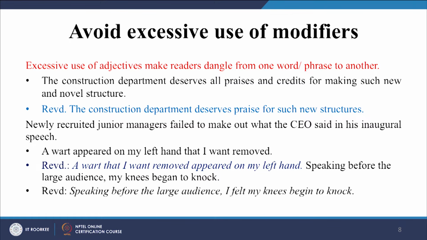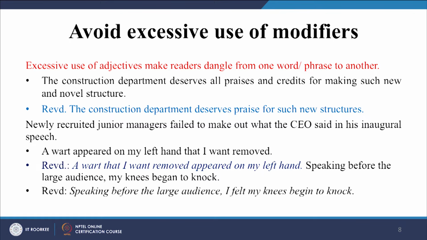If you concentrate on these slides, you will find, have a look at the first sentence and you will yourself feel that it could have been better if we could have changed this. For example, the construction department deserves all praises and credits for making such new and novel structure. Now look at these words.